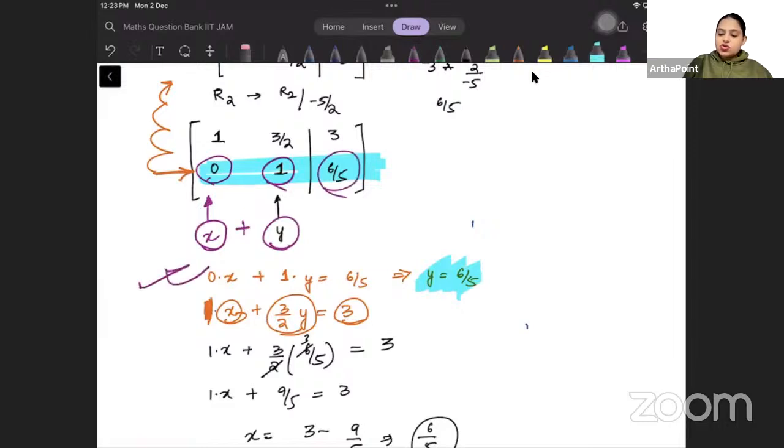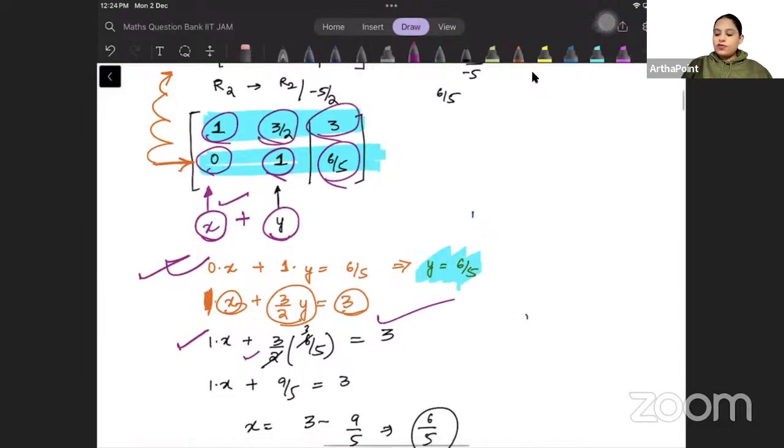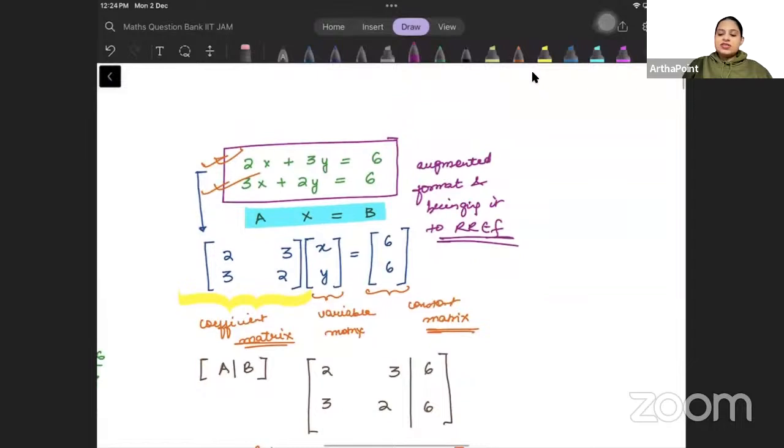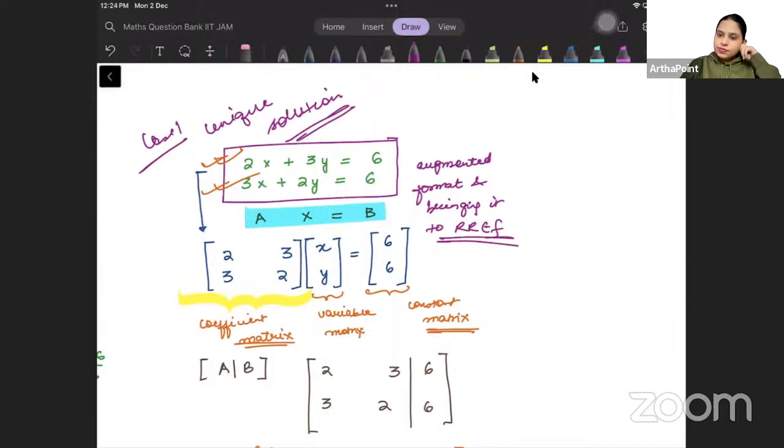And from the first row, the equation I get is 1 into X plus 3 by 2 into Y equal to 3. Right? And then you can solve for X and Y. This is your first case, case 1, where you have a unique solution.